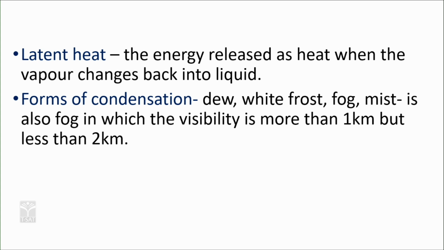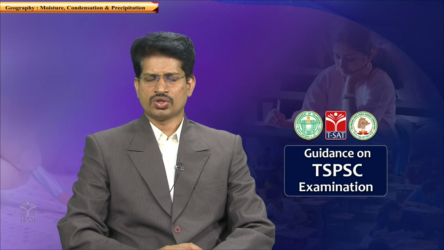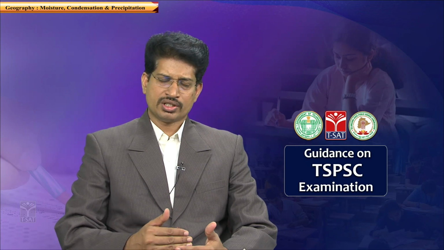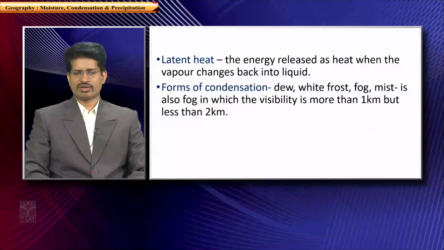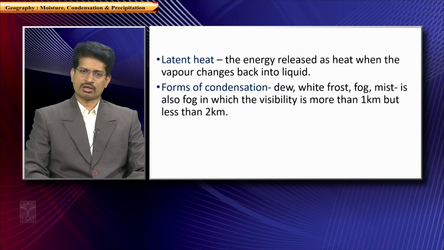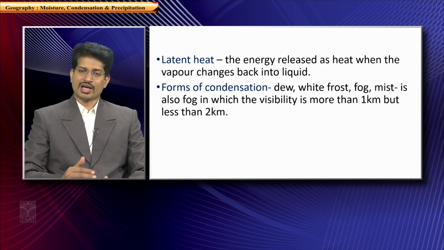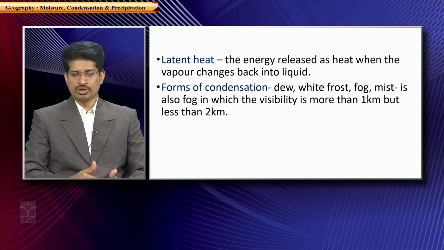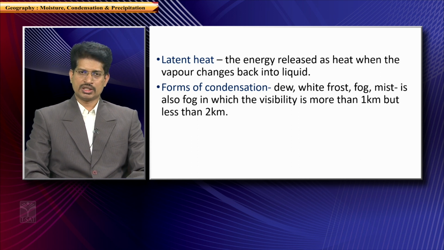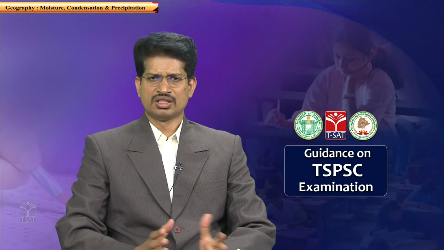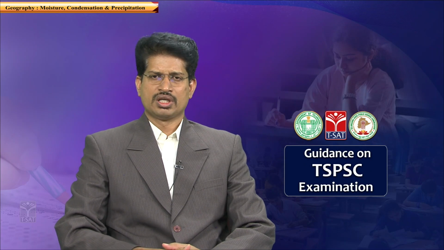Dew is a condition where water vapor is converted into water when the temperature is above 0 degrees, above freezing point. Frost happens when the temperature is below 0 degrees, and then water vapor can be converted into ice. So, these are the different forms of condensation.